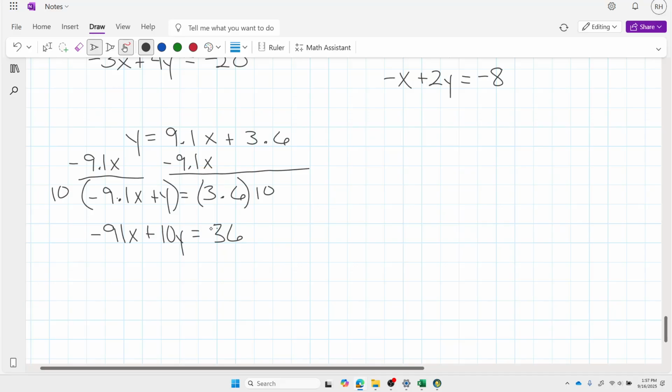So there's your equation in standard form using integer coefficients.